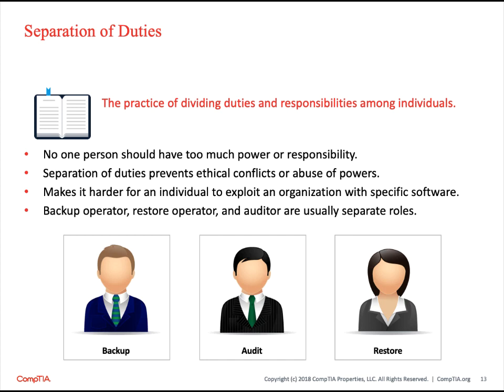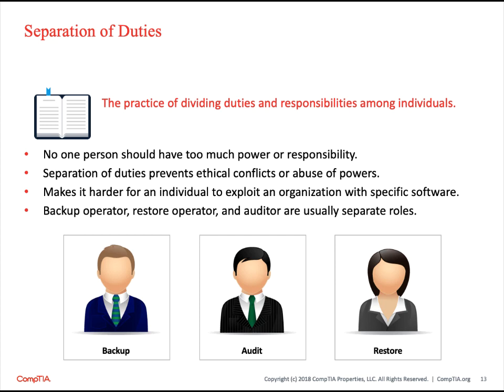Duties such as authorization and approval, or design and development, should not all be held by the same person, because it's easy for them to exploit the organization into using software that may contain vulnerabilities, or maybe just getting in a good position where it benefits them. Maybe they're doing time cards, but also doing payroll, and they can just add as much time as they want to themselves and then get themselves paid.